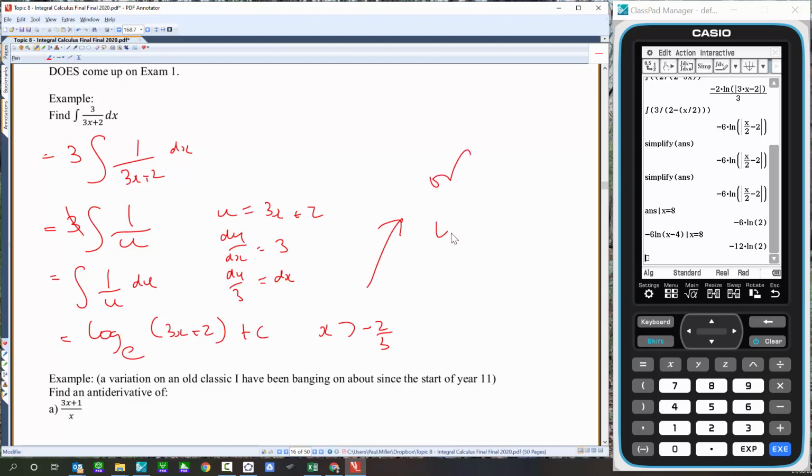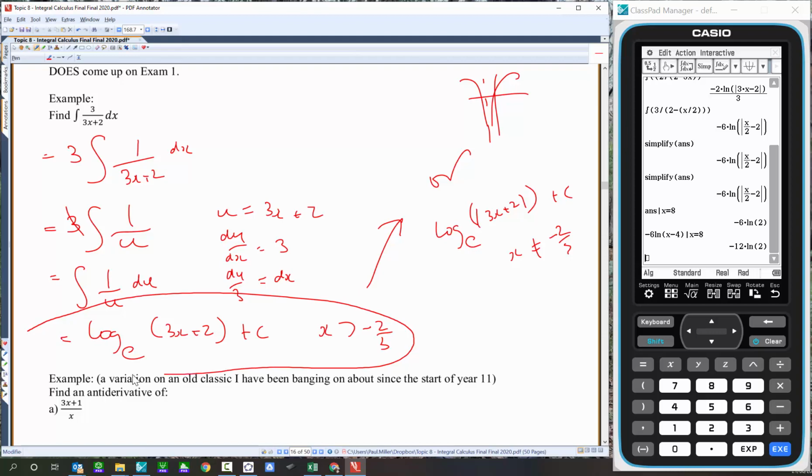Or log e absolute 3x plus 2 plus c, where x can't be negative 2/3. Again, what we're looking at here is two different logs, and we can either take them both. We could say the negative version, or we could say the positive version. That would be the common 3-4 methods answer.